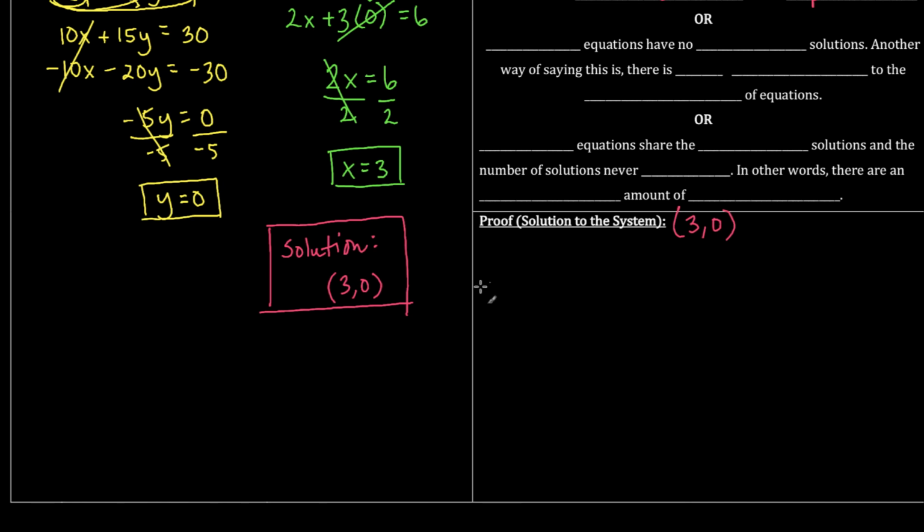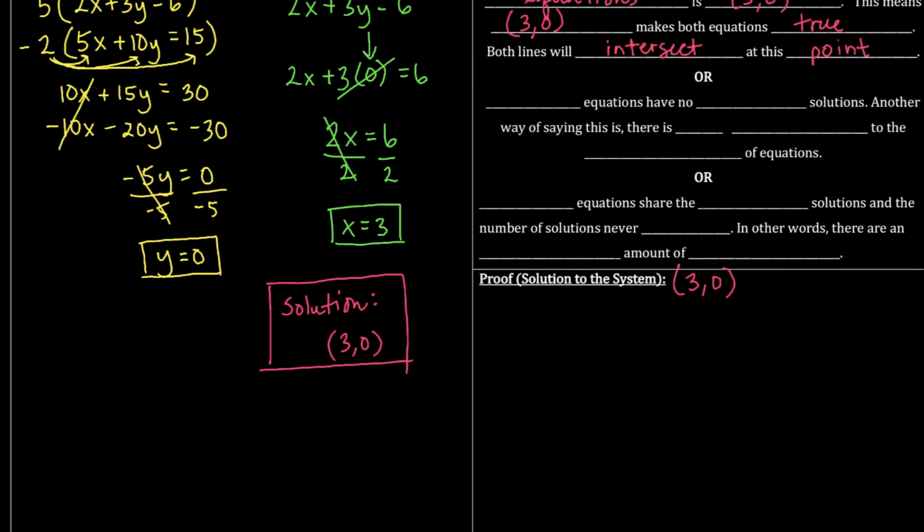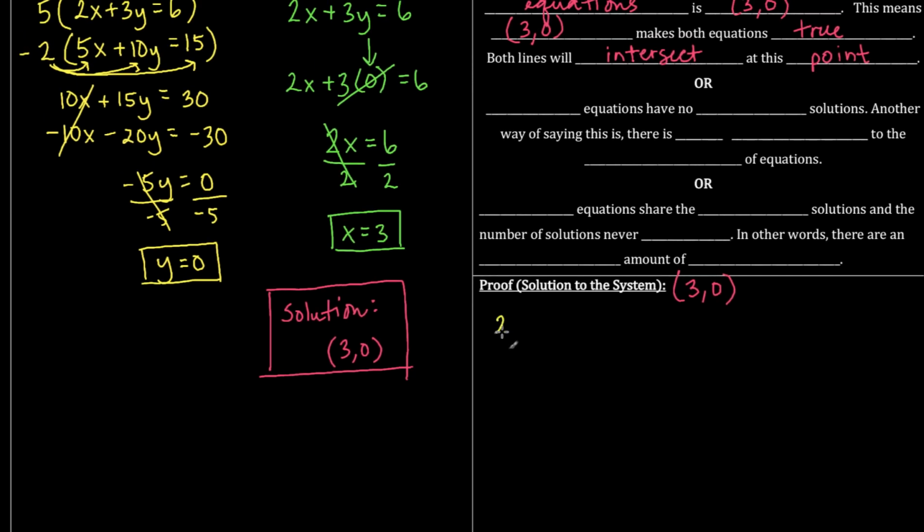So 2x plus 3y should give me 6. x will become 3 and y will become 0.